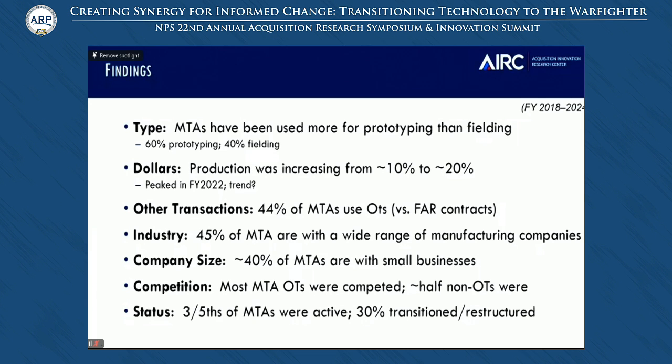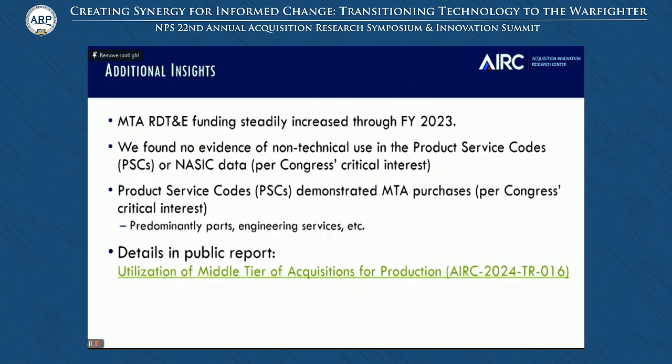And then the status, I just went through that a second ago. So now go to the next slide, please. And finally, some additional insights was the steady increase through FY 2023 of MTA utilization of RDT&E funding.